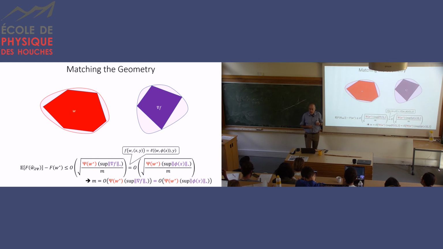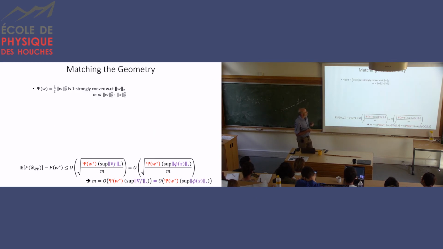Okay, so maybe we'll see some examples and see how this plays out. The simplest example is to choose as our norm the Euclidean norm, and as our strongly convex regularizer the squared Euclidean norm. In that case, the numerator here, which would correspond to our sample complexity, would just correspond to the squared norm of the data.